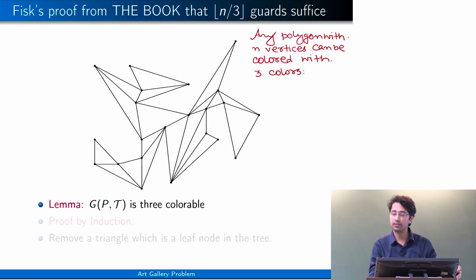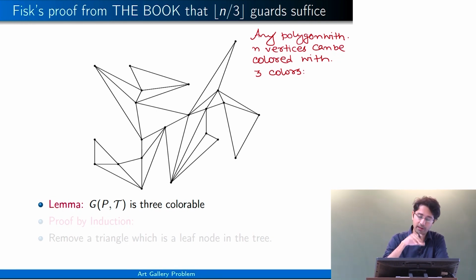I am assuming from the induction hypothesis that this is true for any polygon with less than n vertices. So, this is my polygon with n vertices. What do I have to do? I have to remove something. Edges. I have to reduce the size of the polygon.